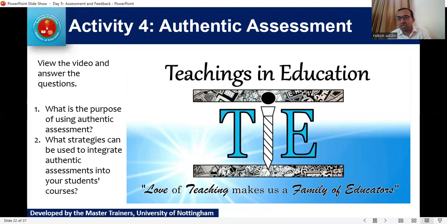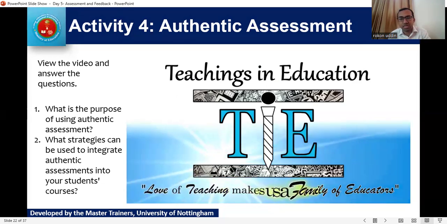We cannot ask that person to write an essay or take an MCQ test. So authentic assessment is an assessment which is based on real life.